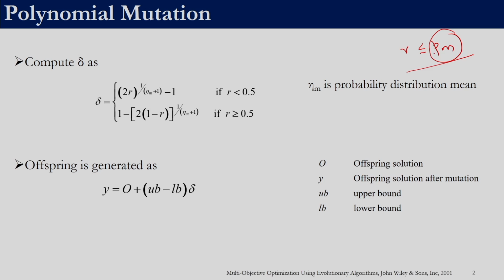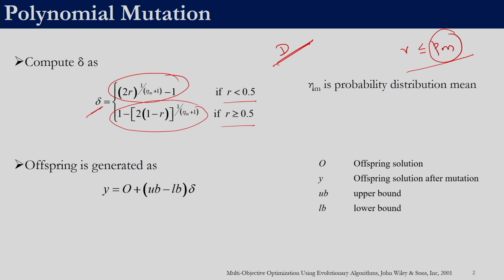If this condition is satisfied, then we have to generate d random numbers, because we have d decision variables. For each of them we check whether r is less than 0.5 or r is greater than or equal to 0.5. If r is less than 0.5 we use this equation to determine the value of delta. If r is greater than or equal to 0.5 we use this equation to determine the value of delta.